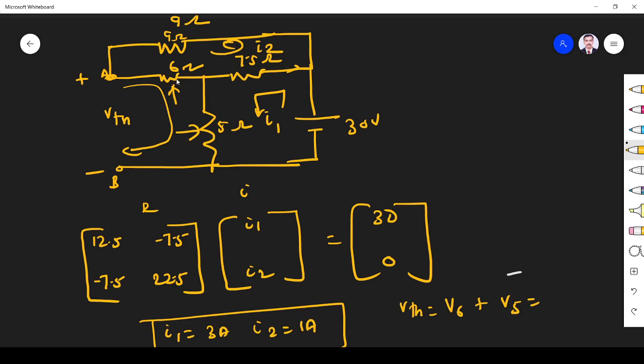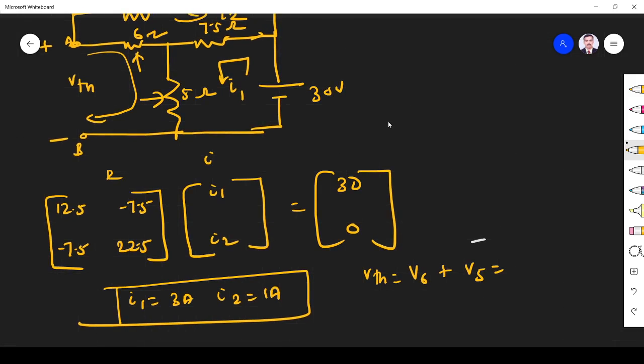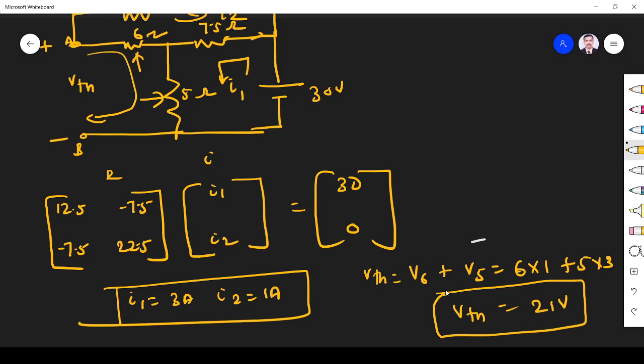Here the current flowing through this is the I2 current. I2 is 1 ampere. So 6 into 1, plus here I1 is 3 ampere, 5 into 3, so 6 plus 15, 21 volt. So VThevenin is 21 volt.